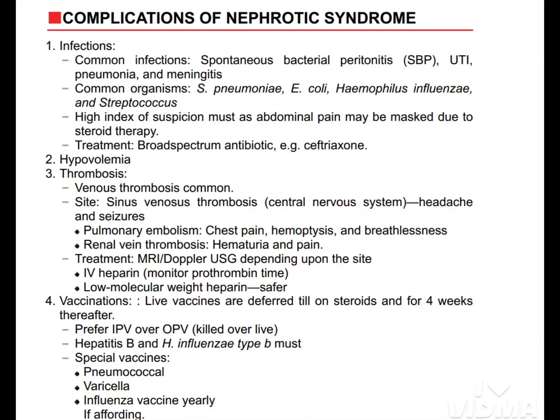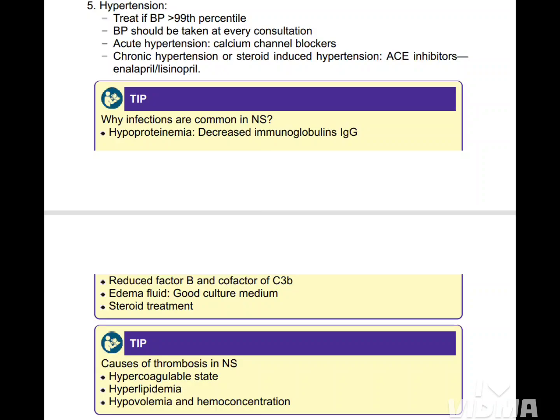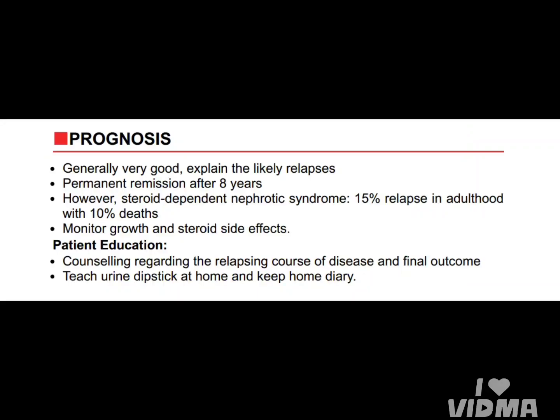Complications of nephrotic syndrome: various infections, hypovolemia, thrombosis, and vaccination related complications as the patient was on steroids. Hypertension. Infections are common in nephrotic syndrome, and the causes of thrombosis in nephrotic syndrome were discussed earlier. Prognosis of nephrotic syndrome is generally very good, with permanent remission after 8 years.